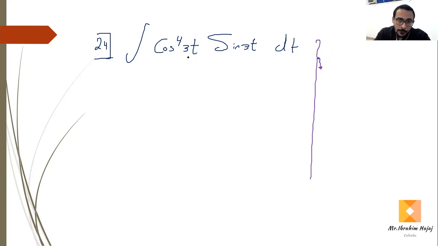Cosine power 4 of 3t, sine 3t. U is what, Khalid?